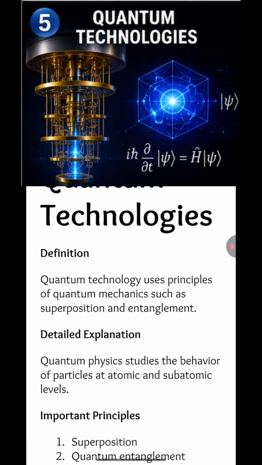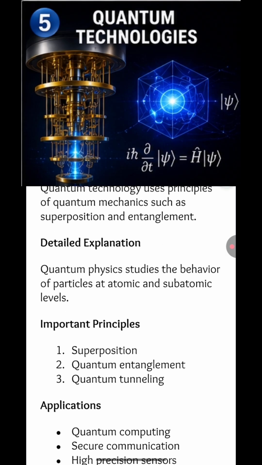Quantum physics studies the behavior of particles at atomic and subatomic levels, like electron, proton, and neutron in an atom. So what are the important principles of quantum technologies? Superposition, quantum entanglement, quantum tunneling.